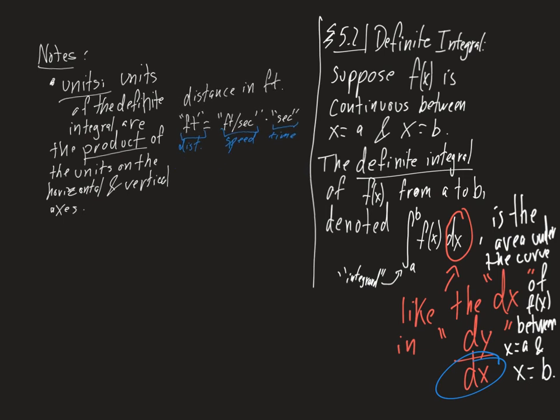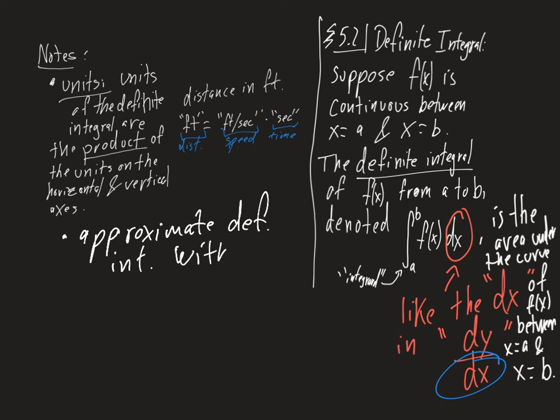But there's a second note that I want to make, which is that for now, we approximate. I'm going to start abbreviating the definite integral as def int with those sums of rectangles.